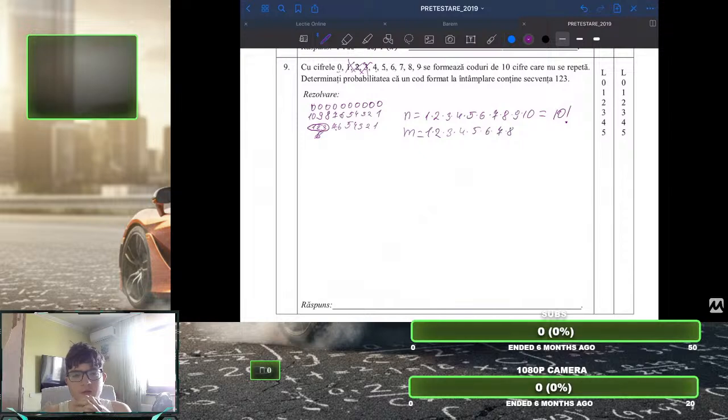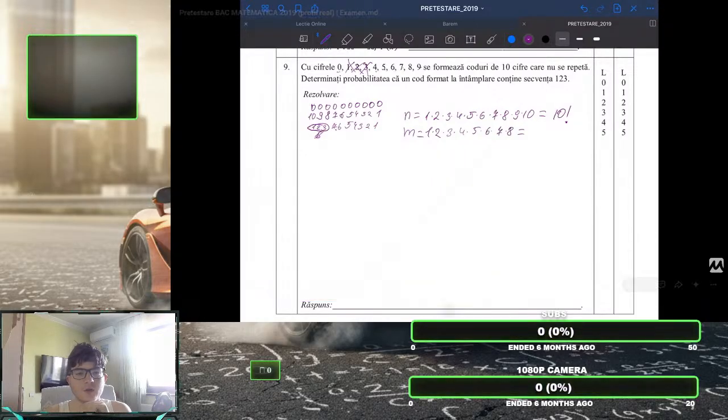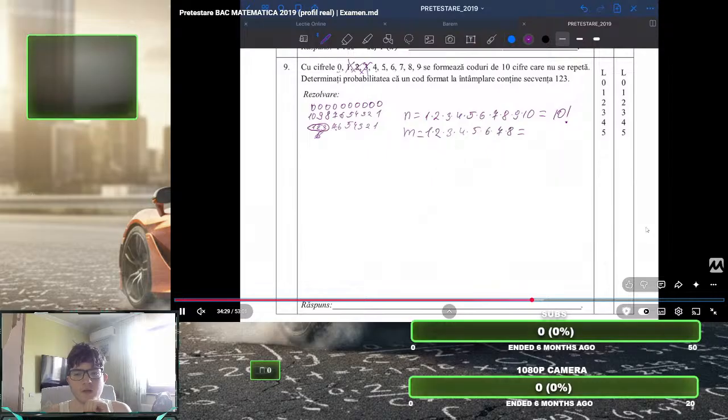Early note here: this is done without C and A combinations and stuff. It's not used here. 7, 8. So 8 exclamation mark, huh? Because that is switched around and stuff, I guess. 8 exclamation mark. That's it.